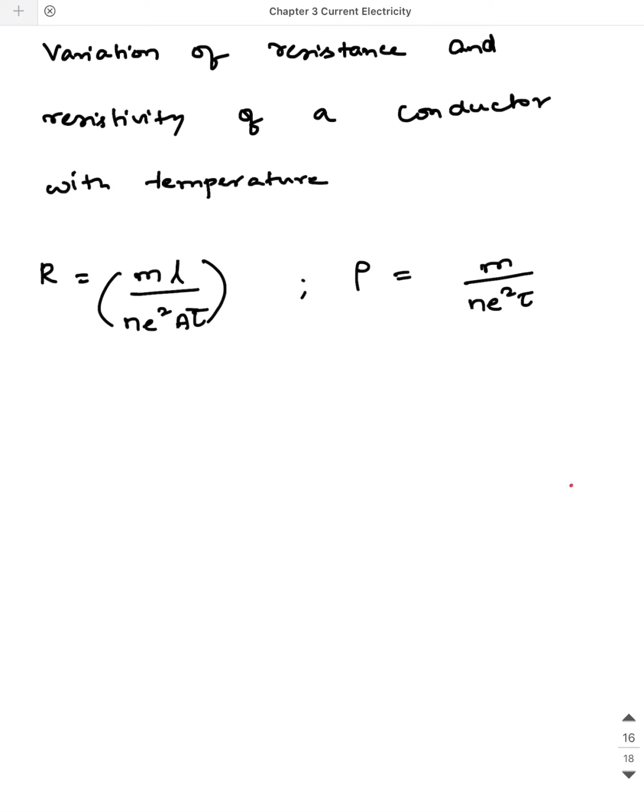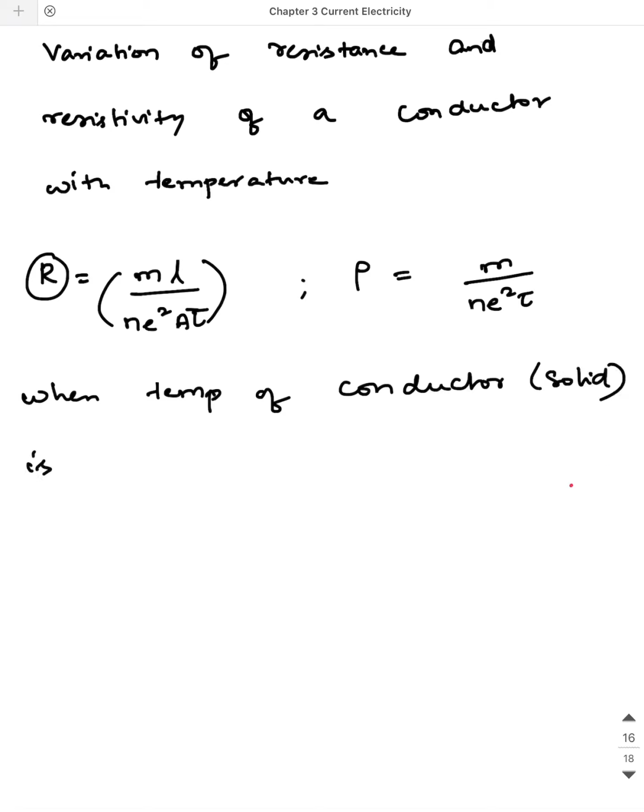If you look at the resistance, when temperature of the conductor is changed, here I am talking about the solid conductor, what will happen?